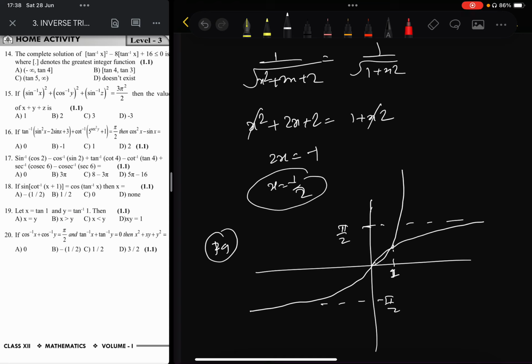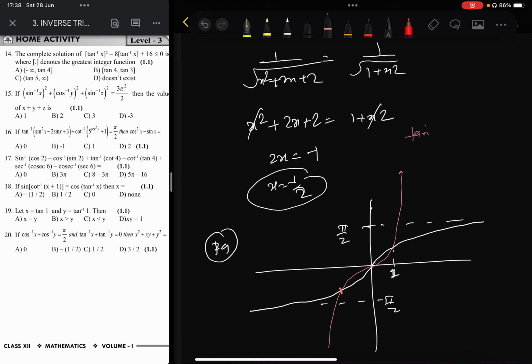And this is the graph of tan x. This is pi by 4, right?